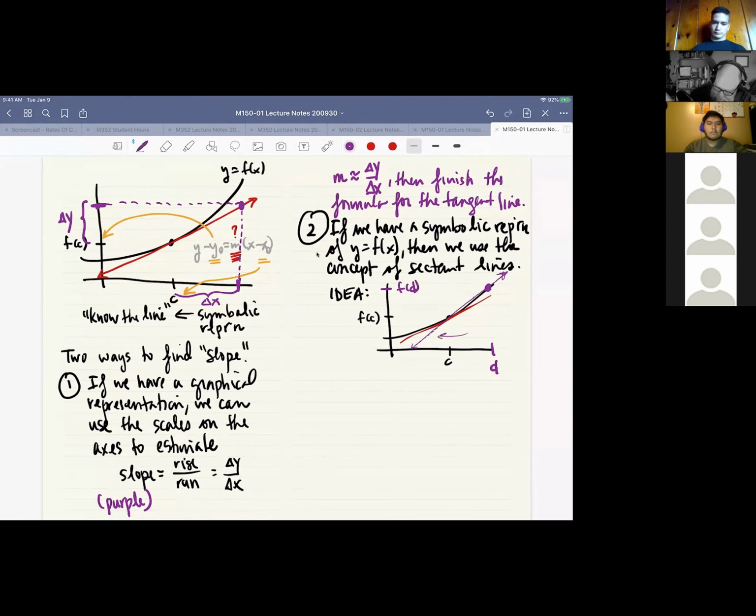Okay, so this is called a secant line. And so I'm going to say my slope is approximately equal to the slope of the secant line. So I'm going to say f of D minus f of C, because that's delta y, over D minus C, because that's delta x.